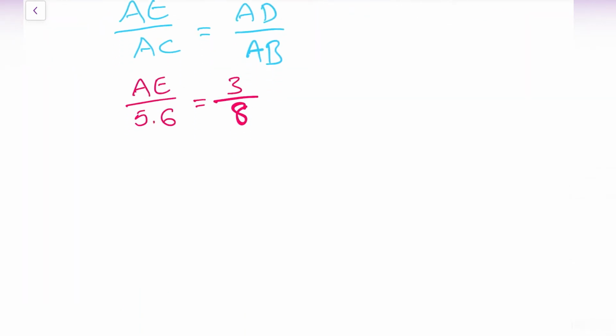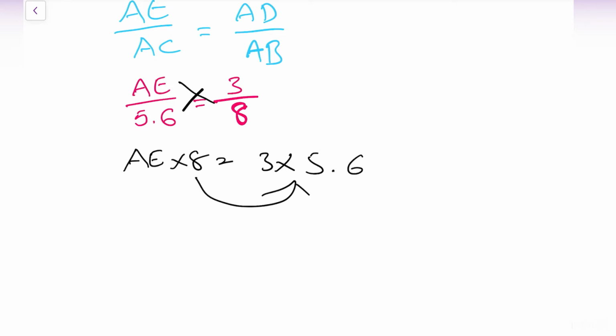If you do cross multiplication, AE into 8 equals 3 into 5.6. 8 I will take to the other side, it will become division. So AE equals 3 into 5.6 divided by 8.